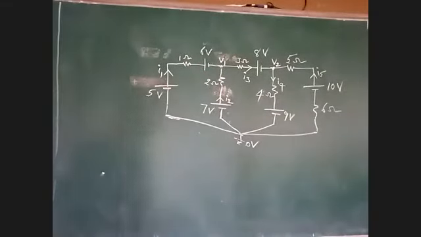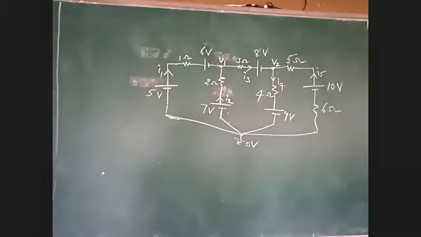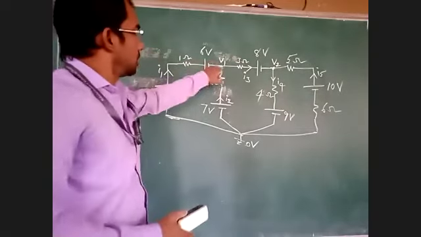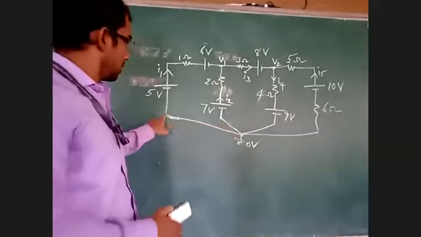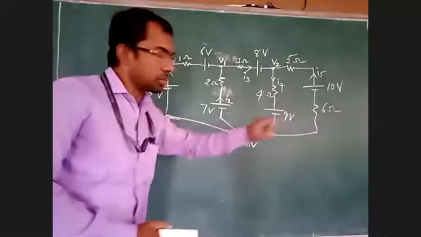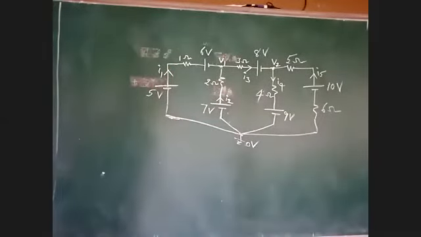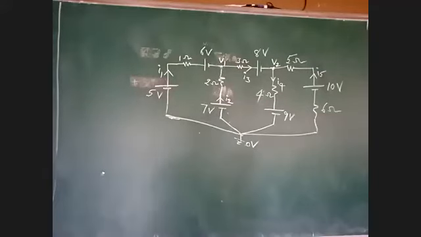So the point where maximum branches are connected, we have to take that one as the ground node. If you take this node, only 3 branches are connected. But if you take this one, 1, 2, 3, 4 branches are connected. So the point where maximum branches are connected, that node is taken as the ground node. Is it okay? Yes.